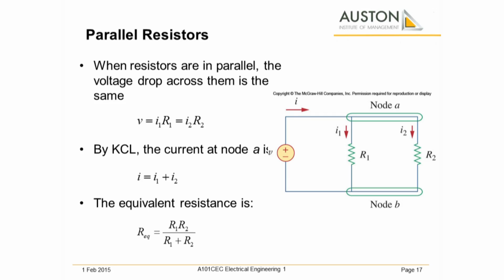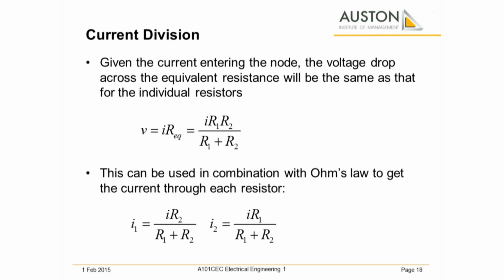Take note that this formula is only applicable if only two resistors are connected in parallel. You can use this formula if three or more resistors are connected in parallel, as long as you take two resistors at a time.